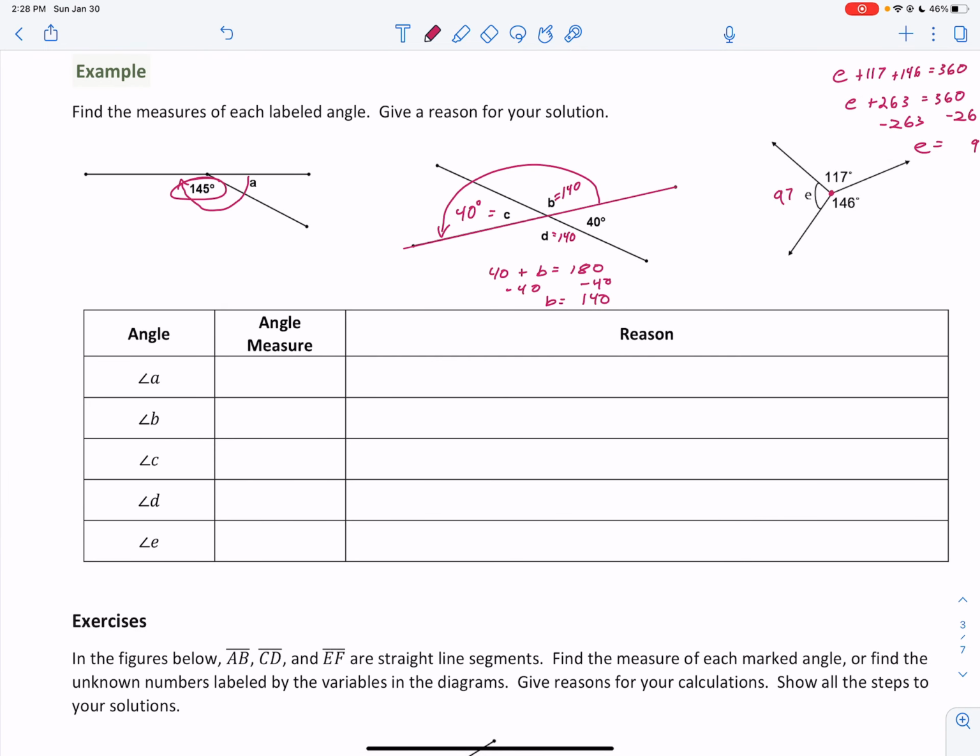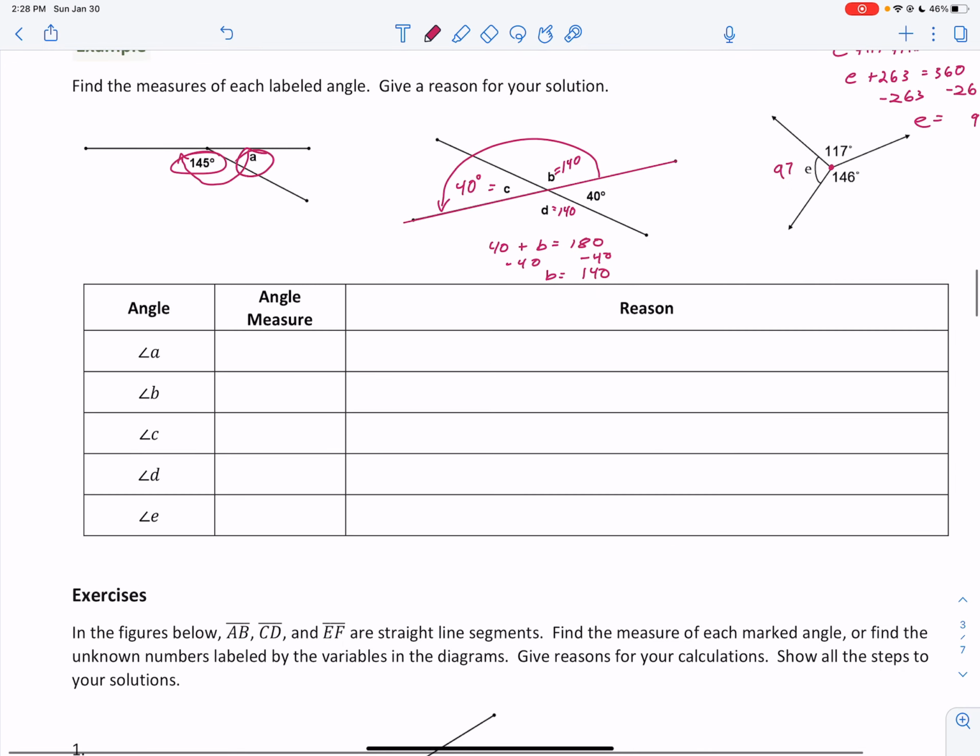So if you fill out this table right here, you can get all of that. So A is this one right here. The measure of A, I know I erased it, but that's okay, it's 35, because 145 plus A equals 180.